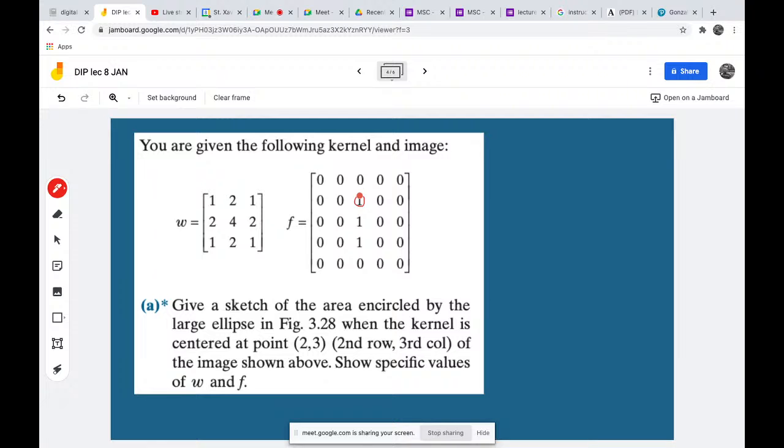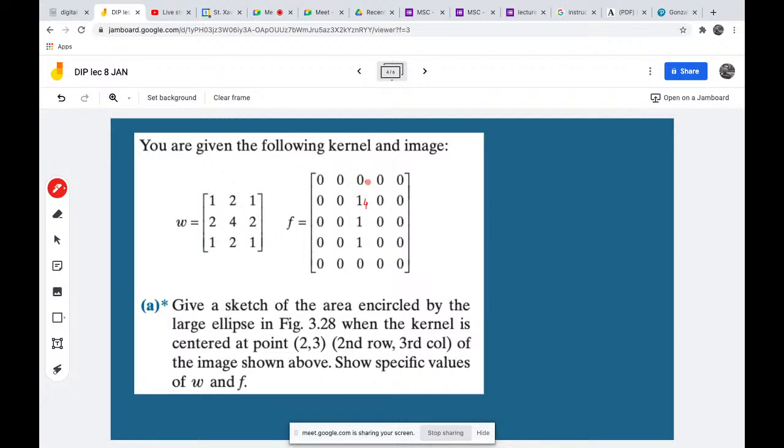So at the location of 2, 3, the center of the kernel will come. So 4 will come here. So I will write in small letters 4. If the 4 comes here, then where would the other parts of the kernel go?